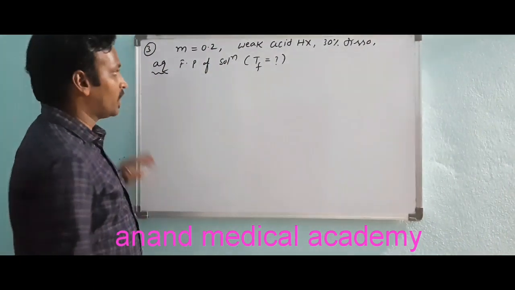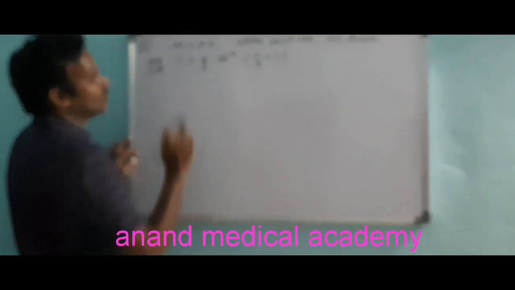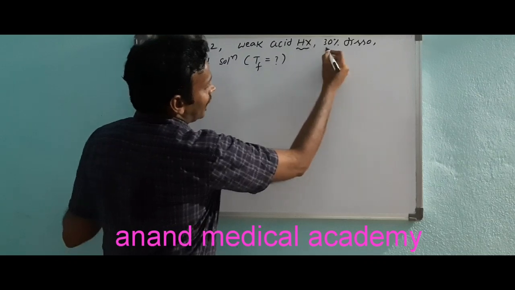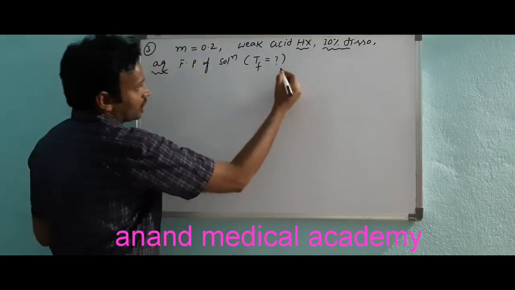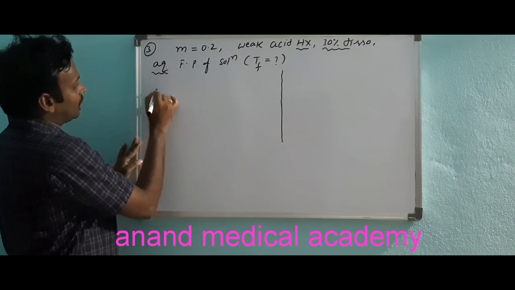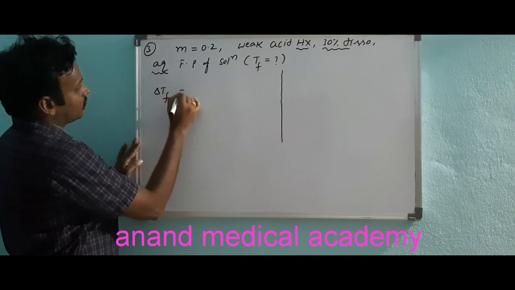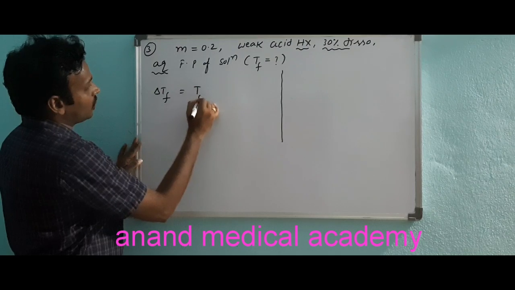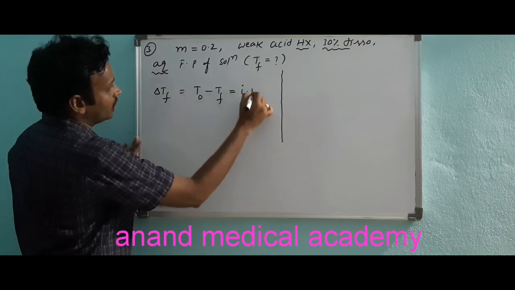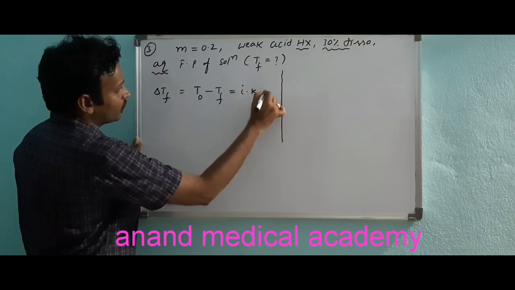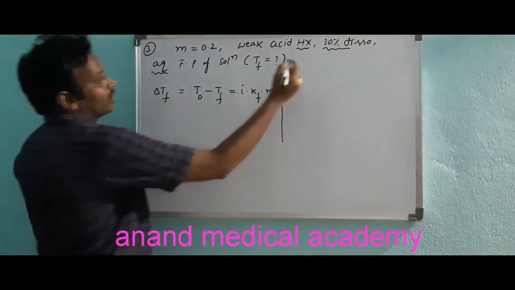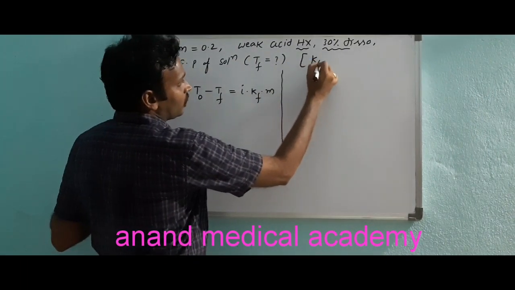Fixed. Okay. So here molality was provided, and the weak acid HX is dissociated up to 30%. So it's a very clear formula: delta TF is equal to T naught minus TF, is equal to i into KF into molality. Remember, water given means sometimes they will give the constant or they won't give it.